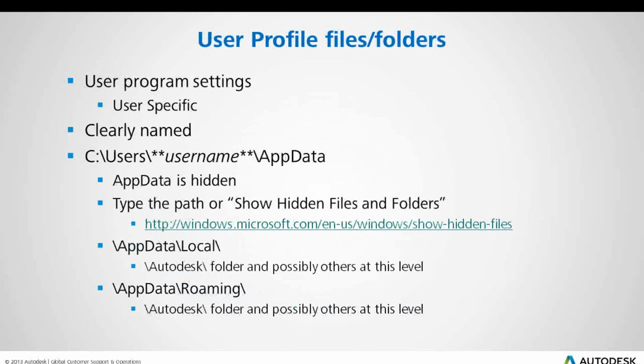And as far as the stuff under the user profiles that you need to delete, these are user specific, so they're not things that other people are going to have under their user profile necessarily if they log into Windows. They're under the specific profile of the user that's currently logged in, and they're usually pretty clearly named.